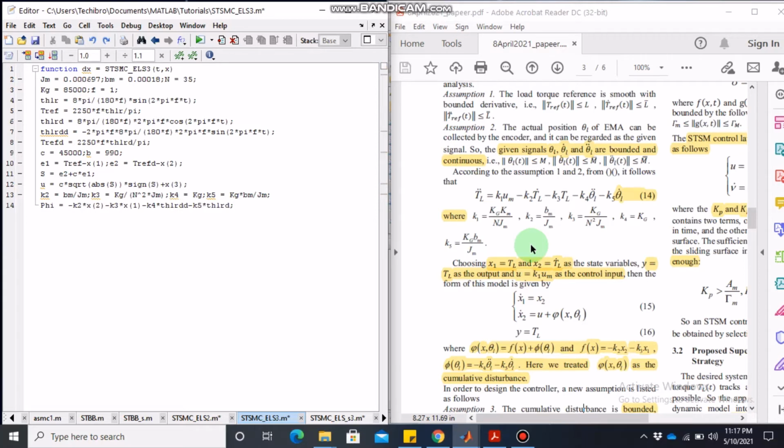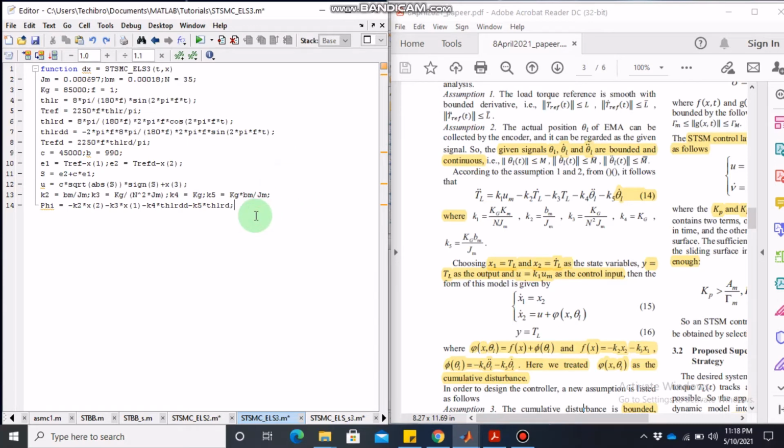Then this phi and f of x I have combined. This phi function is minus k2 x2 minus k3 x1 minus k4 theta l reference double dot minus k5 theta l dot, which we have defined above by computing the derivatives of simple sine and cosine functions.